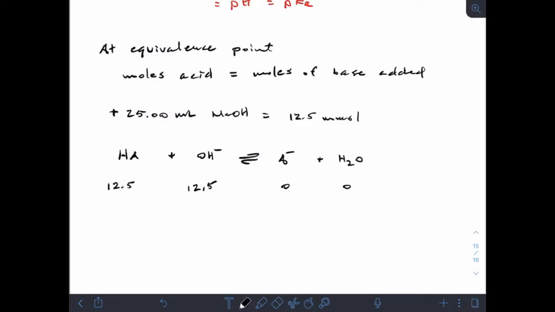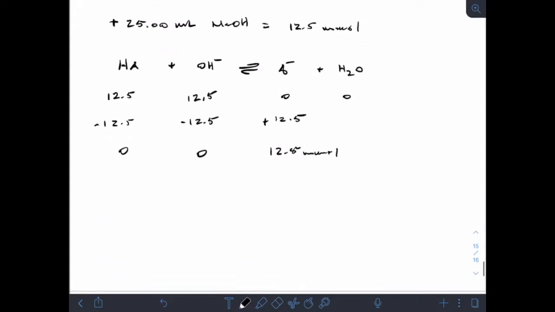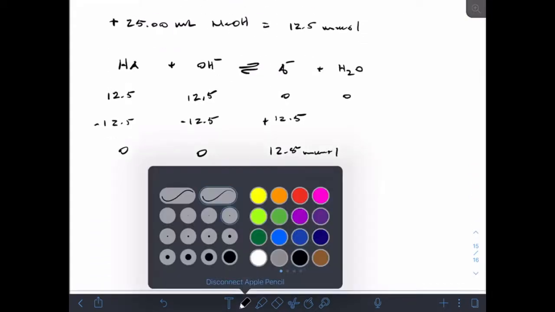So our moles of acid equal our moles of base, so we go to minus 12.5 for each. So we'll have 0, 0, and 12.5 millimoles of conjugate base left over. Okay, this is very important.